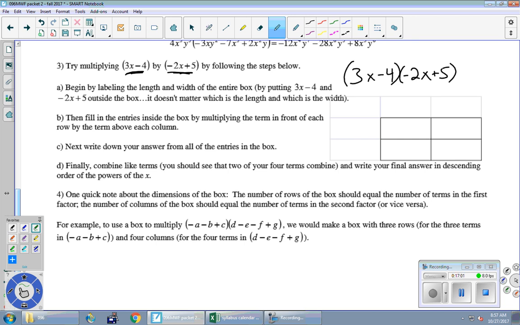Some of you might have learned an acronym for multiplying a binomial. That's 2 terms by another binomial. What is that acronym? It's like a 4-letter made-up word where each letter represents another word.